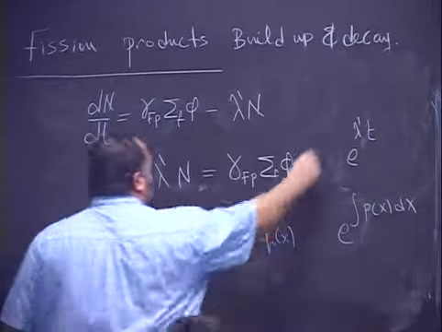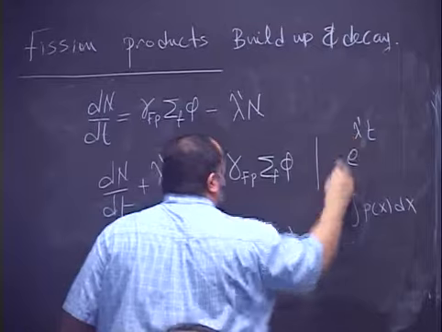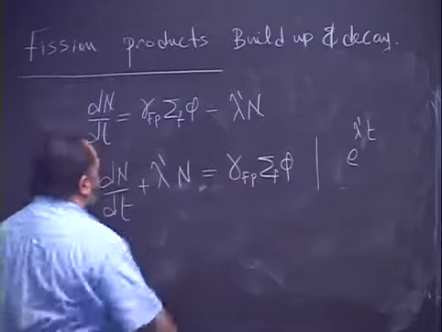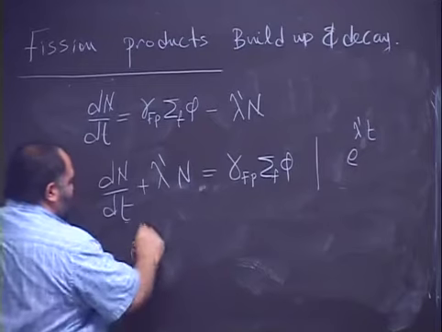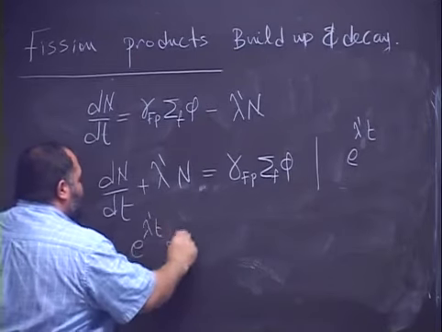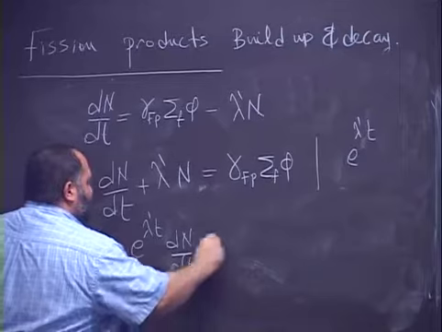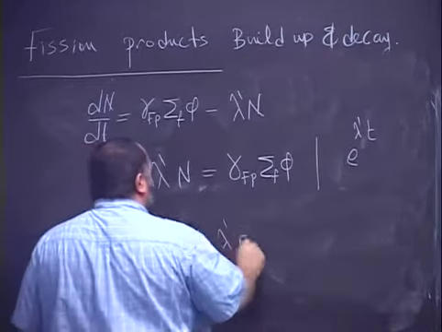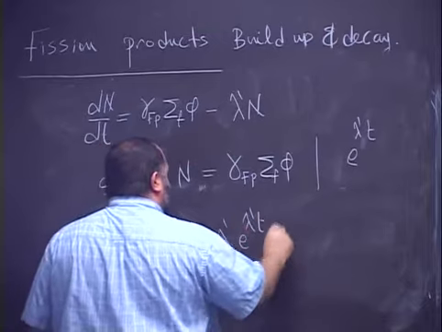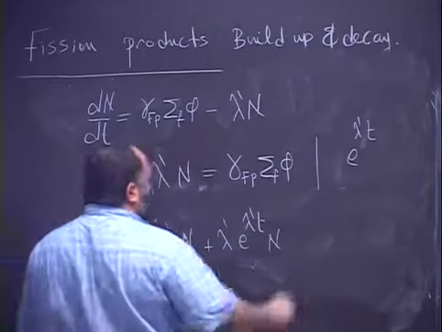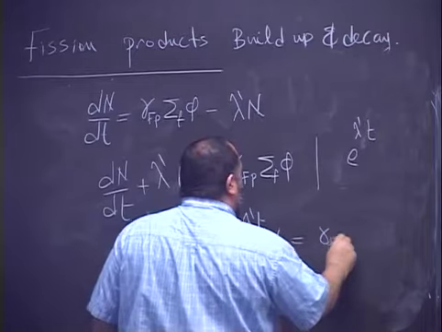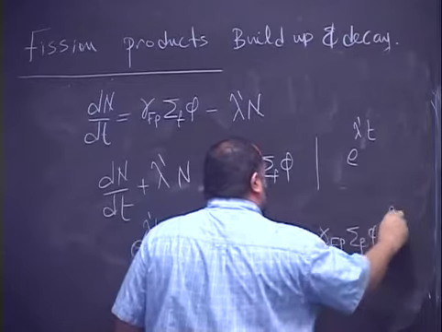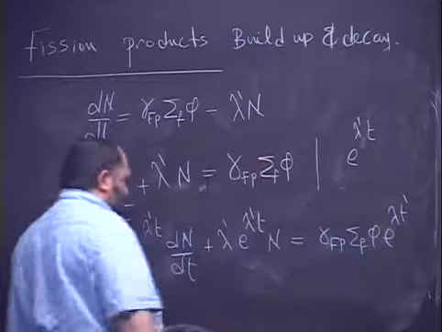Then if you multiply this equation by e to the power of lambda prime t, this will give you what? e to the power of lambda prime t dN by dt plus lambda prime e to the power of lambda prime t multiplied by n equal to gamma FB sigma fission phi e to the power of lambda prime t.